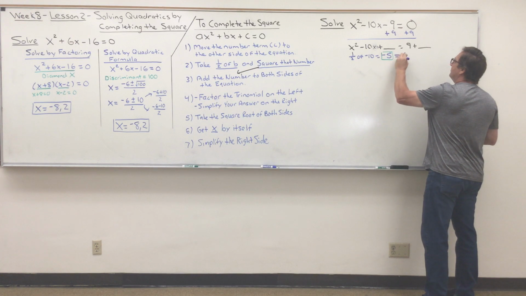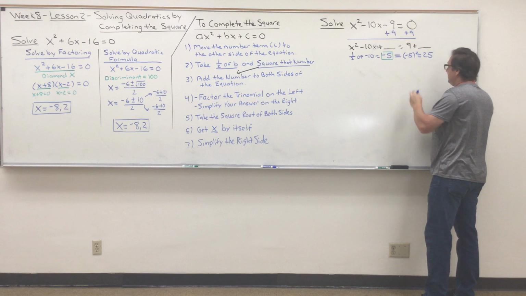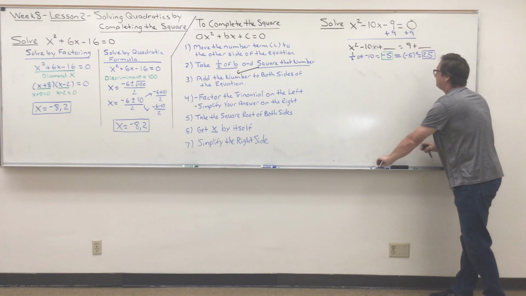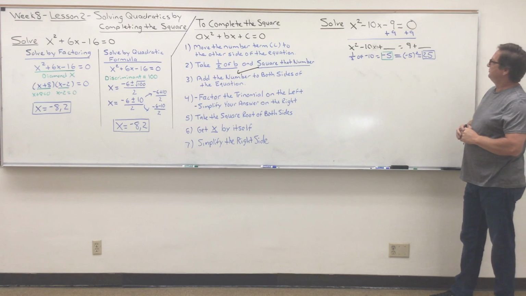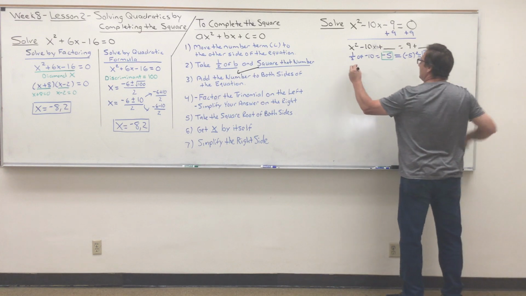And negative 5 squared is 25. Watch your sign. We have our square.